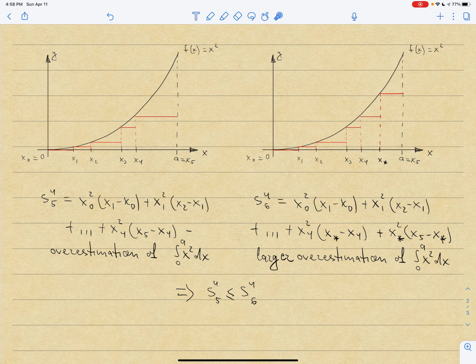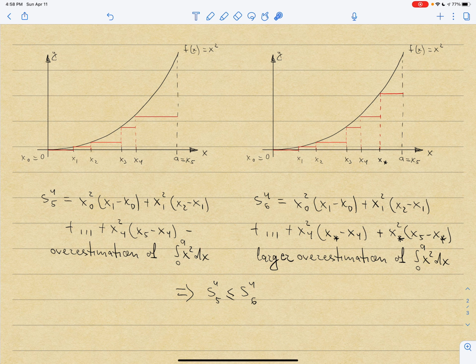And once again, how will this underestimation behave when I add one more point? When I'm taking the last subinterval, I'm splitting it into two. And if I'm using the left endpoint on each subinterval, nothing changes here.